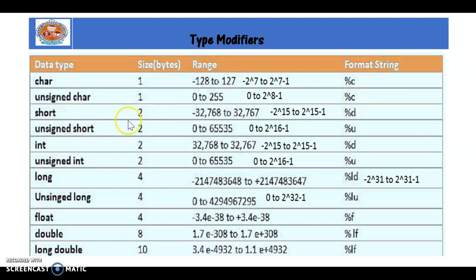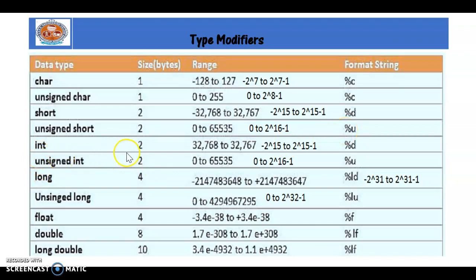For short int, it will occupy 2 bytes of memory, and this is the range. We will represent it in powers of 2, that is -2^15 to 2^15 - 1, and the format specifier used is %d. Coming to unsigned short int, it will also occupy 2 bytes of memory, but it will only take positive values. So it ranges from 0 to 2^16 - 1, and the format specifier used is %u.